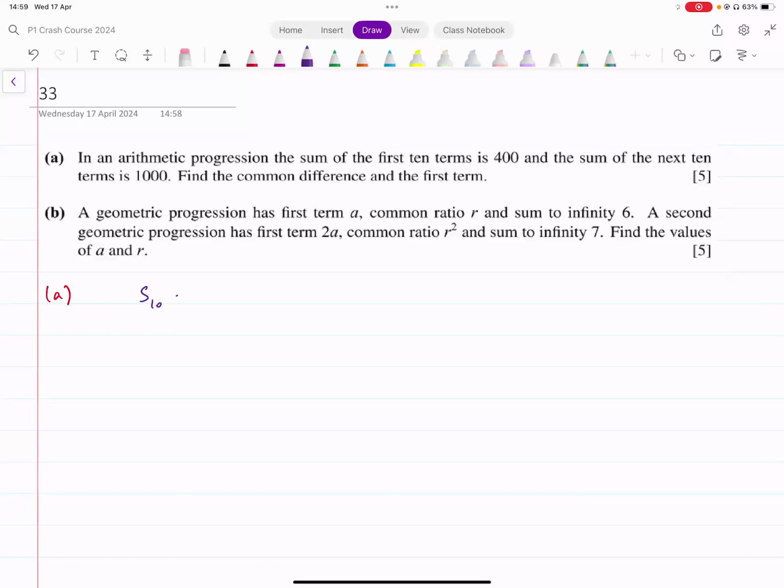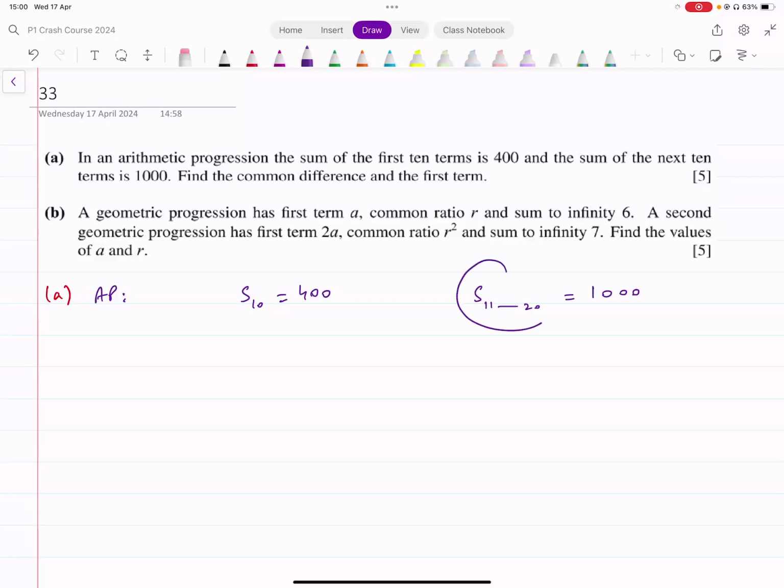Sum of the first 10 terms is 400 and it's an AP. And the sum of the next 10 terms, what does that mean? Next 10 terms. That means from term 11 to term 20. This sum is 1000. Find the common difference and the first term. We need to find the value of d and the value of a.